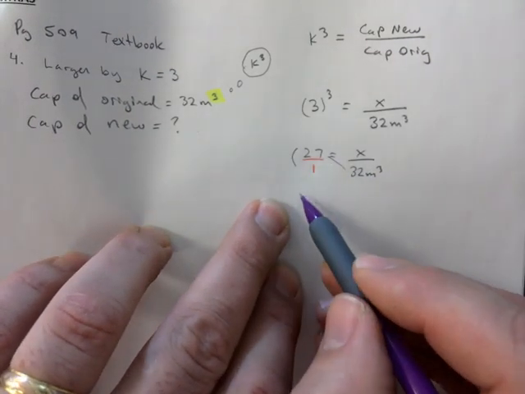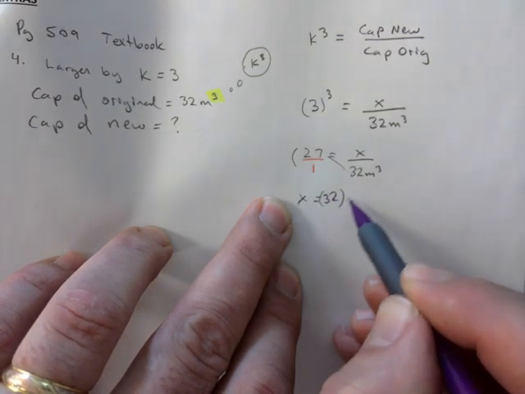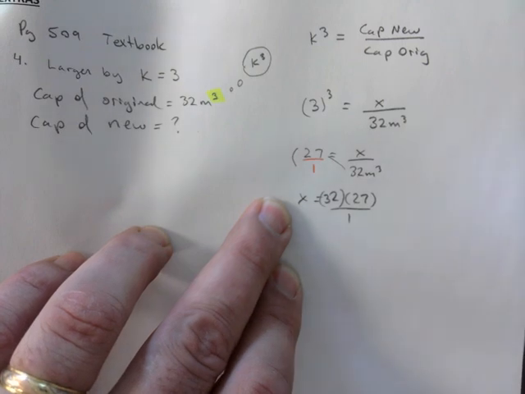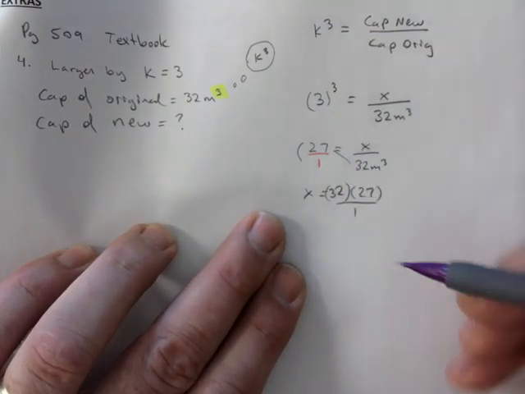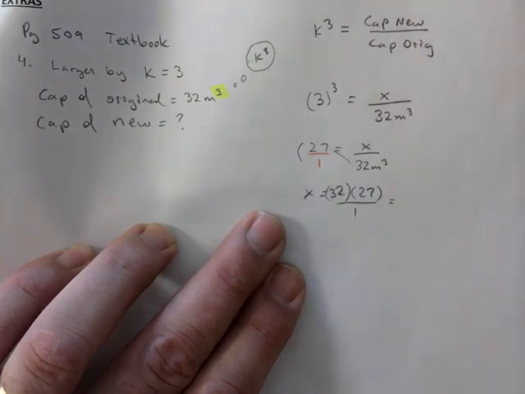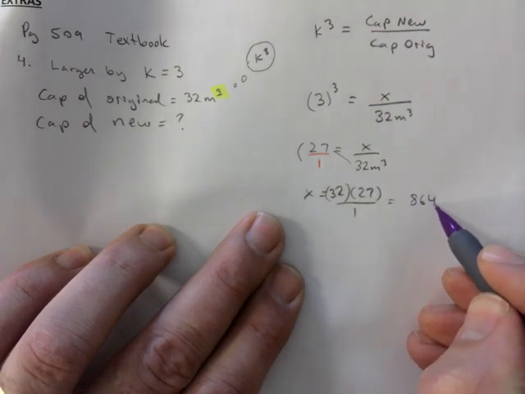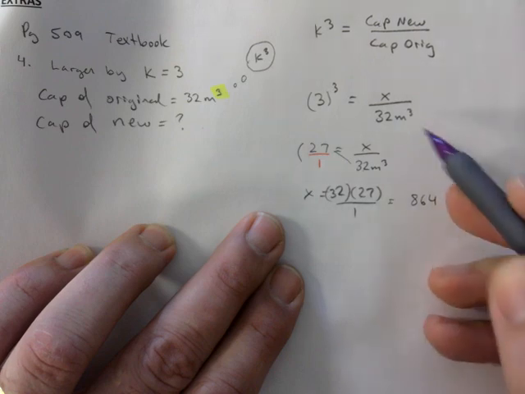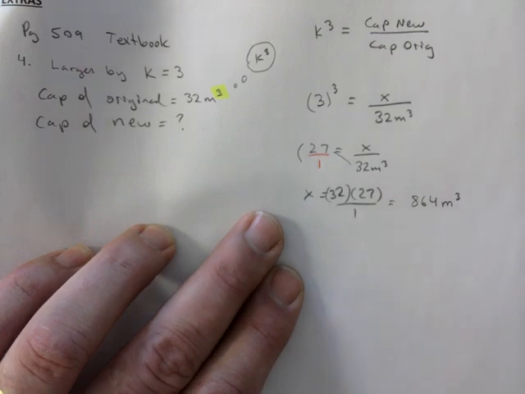So anyways, it's 32 times 27 divided by 1, which is irrelevant, but I still want to have that because it could be something other than 1. So it's really 32 times 27, and that's 864, and we are in cubic meters, right? That's what you started with. Those are the units that would go with us.